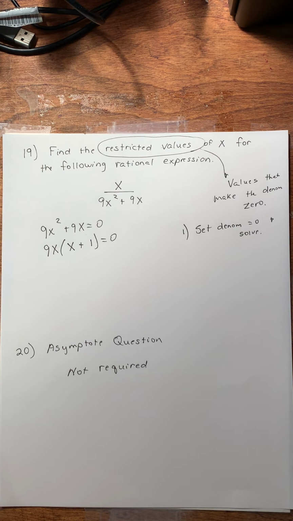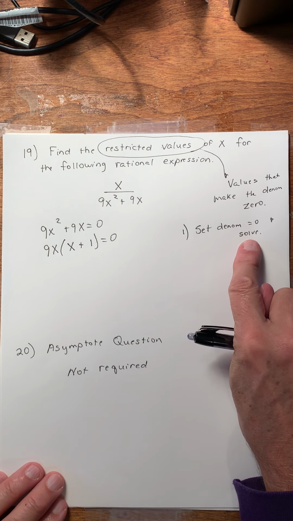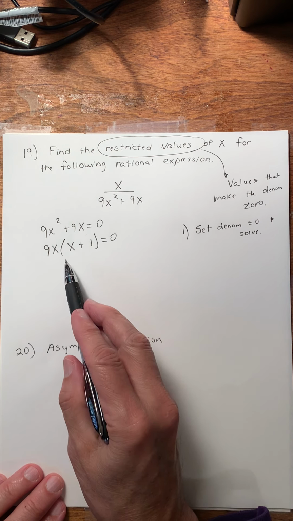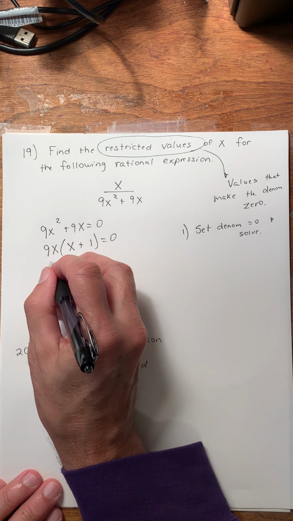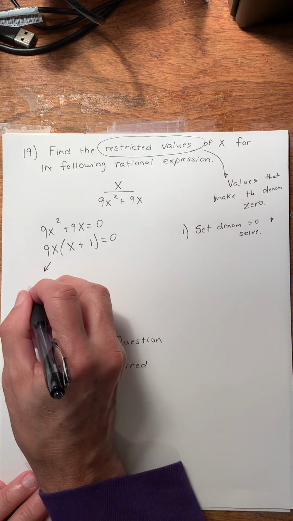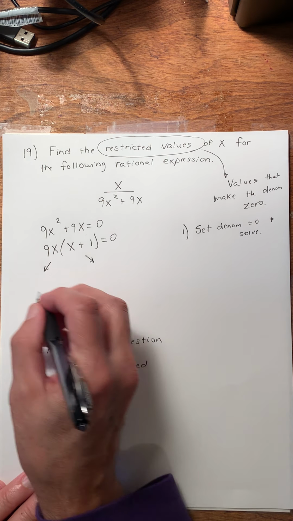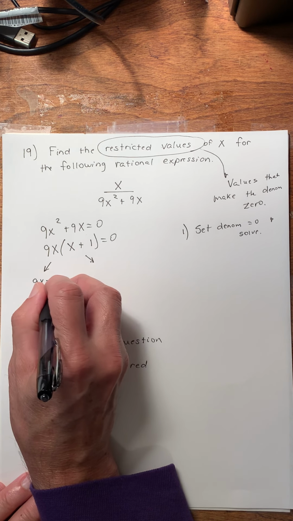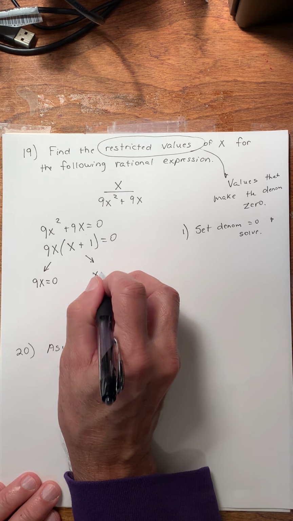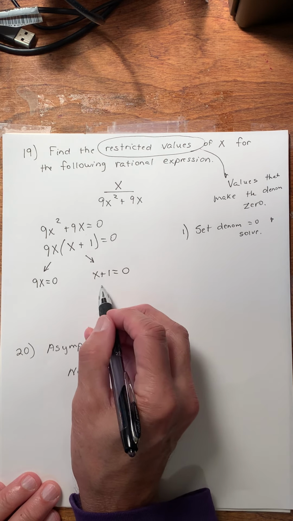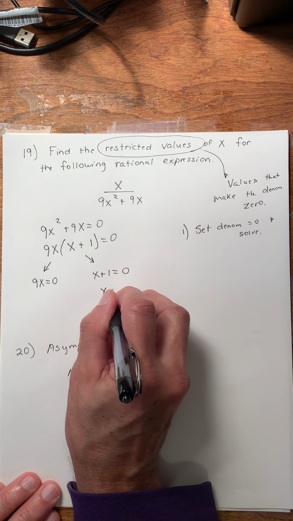So I have factored the denominator. The way I solve it is set each factor equal to 0 and solve. Subtract 1, x is -1.